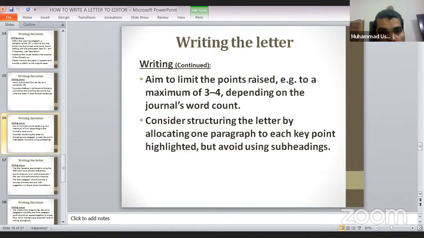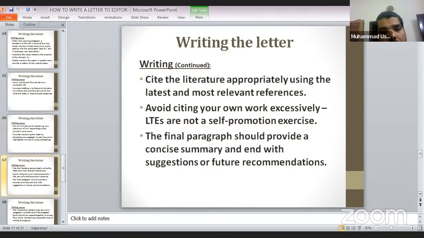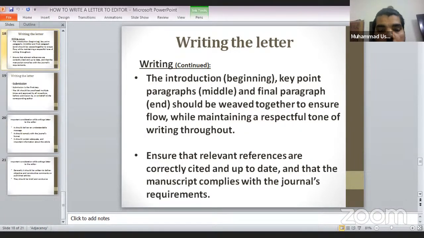You can devote one paragraph to explaining one issue, and another paragraph to explaining another issue. This is how you can complete your letter to editor within 3 to 4 paragraphs, explaining 3 to 4 points within those paragraphs. But it is important that you should not be using subheadings while you're explaining all those points.